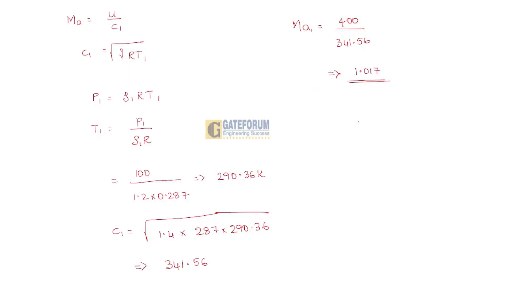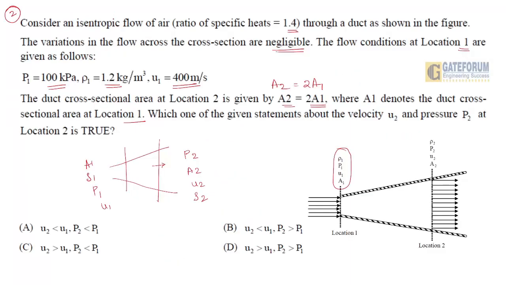So it is supersonic flow, and U2 will be greater than U1, P2 will be less than P1. There is a diverging duct, a nozzle, and the Mach number is greater than 1, so obviously supersonic flow. So U2 greater than U1 and P2 less than P1.